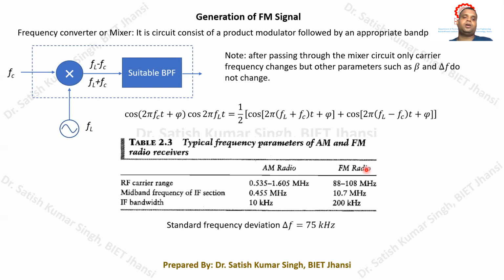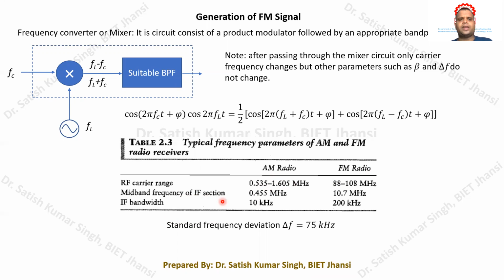Now there is one parameter called the mid-band frequency of the IF section, which is the intermediate frequency section. Please do not bother about what the IF section is, because I have not yet discussed radio receivers. I will take up this topic in a separate lecture.